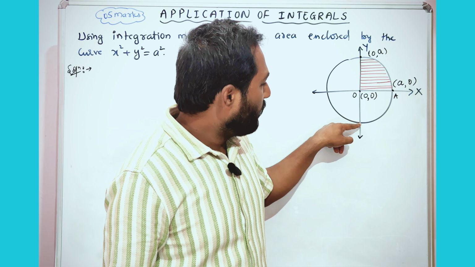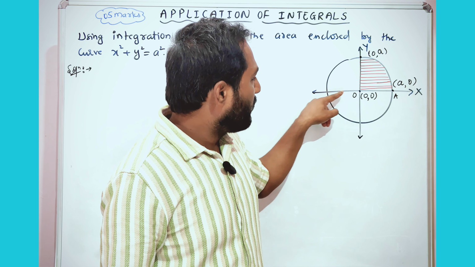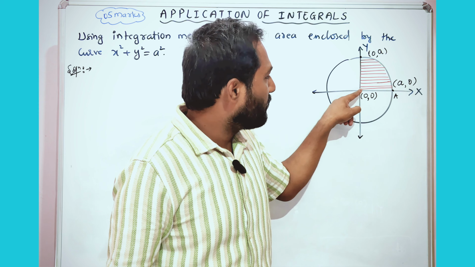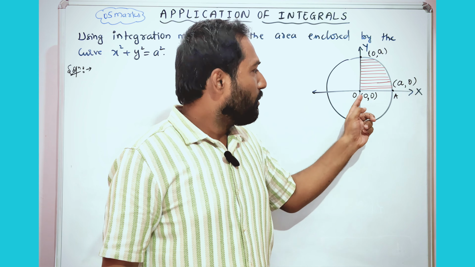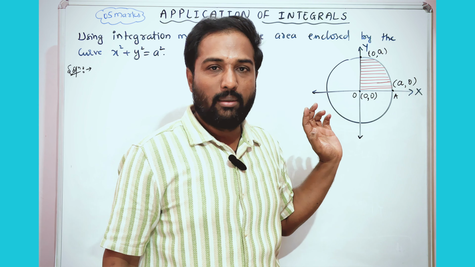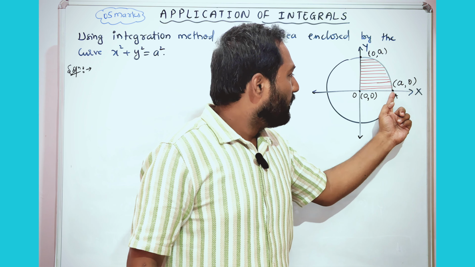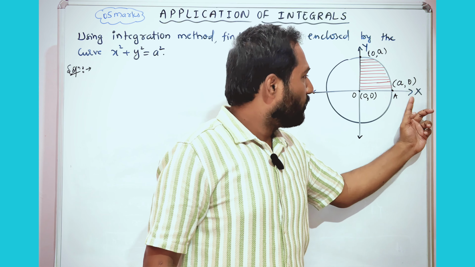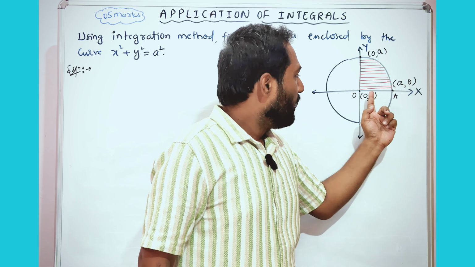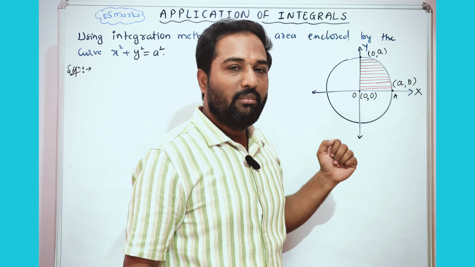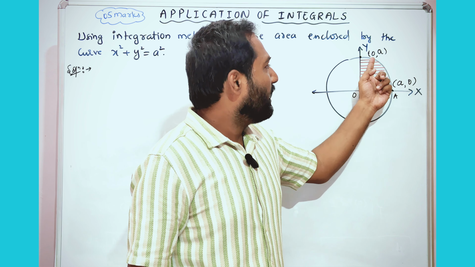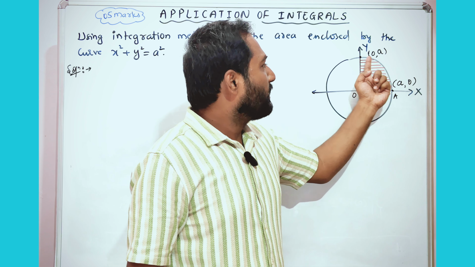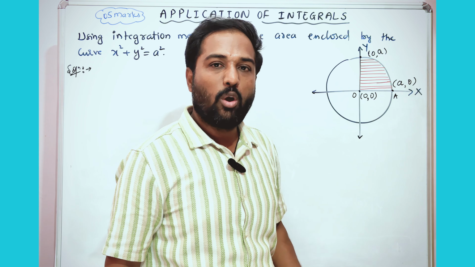So 0 to here is the radius, 0 to here is radius, 0 to here is also radius. From the center to anywhere on the circle. On this axis y is 0, so we'll take the point as a comma 0. Again, from here to here is the radius, which is a. On the y axis, x is 0, so the point will be 0 comma a.